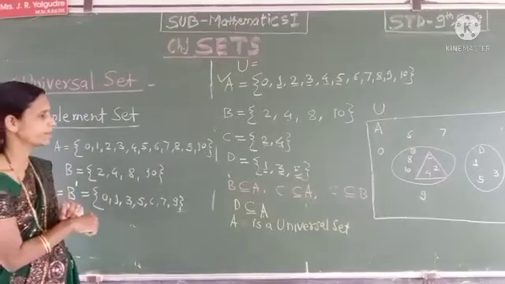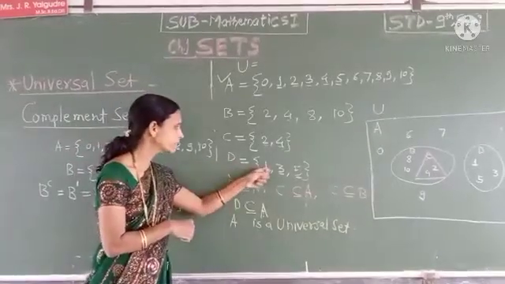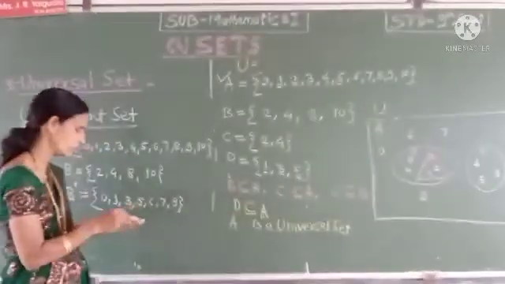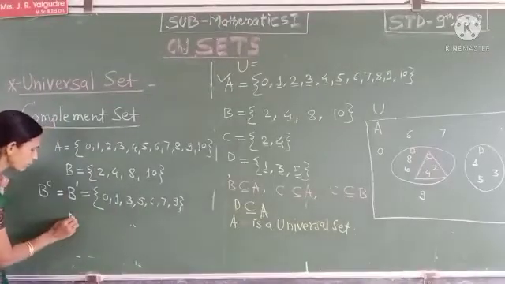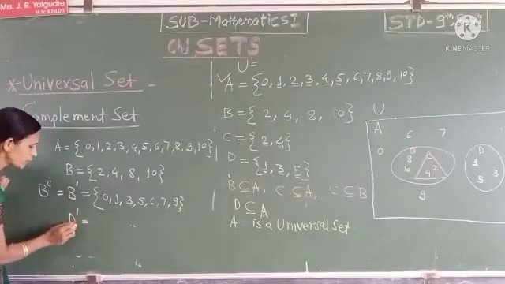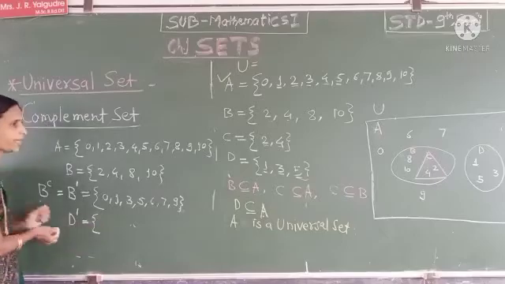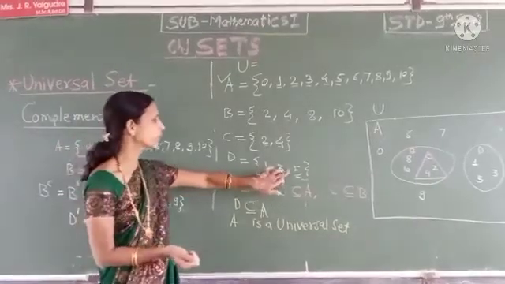Then one more concept, see here, D is a set of 1, 3 and 5. Then the complement set of D, denoted by D dash, has all elements from A except 1, 3 and 5.